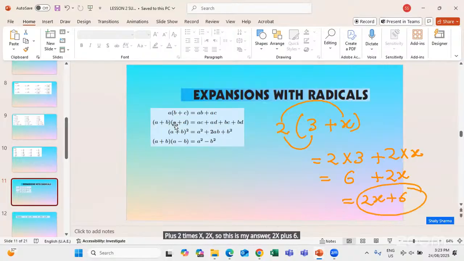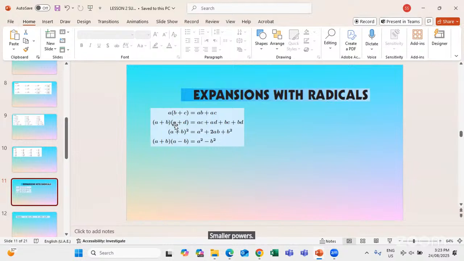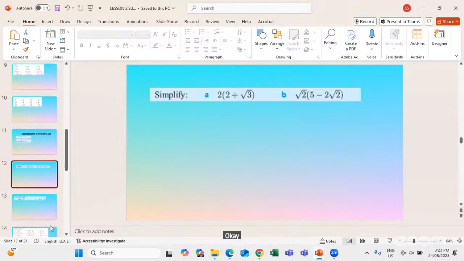You can write your answer as 6 plus 2x, but in maths, just as a convention, we always write the terms with higher powers of the variable at the beginning, followed by the smaller powers. So now we will follow the same rules. Let's try some examples.